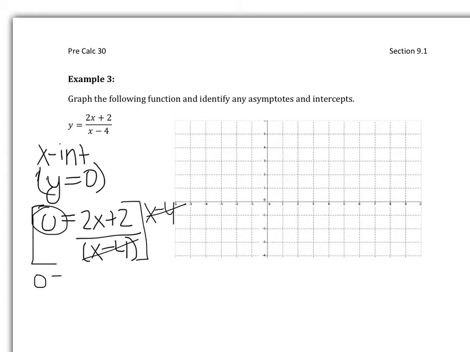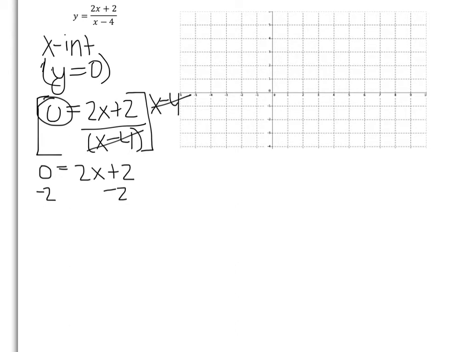So 0 equals 2x plus 2. We can subtract the 2.